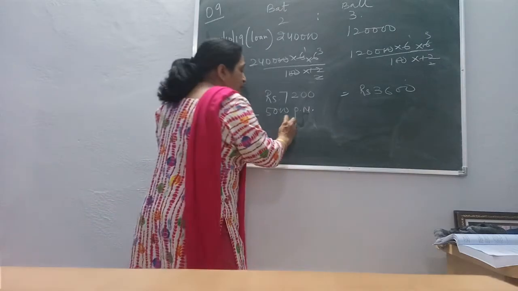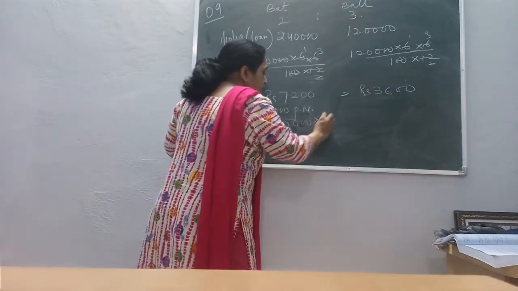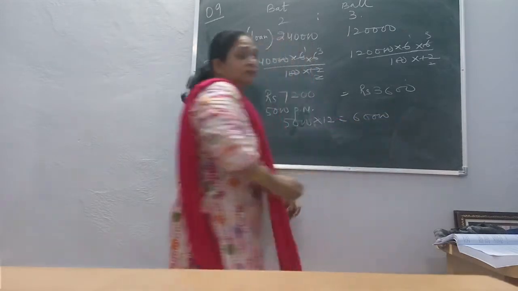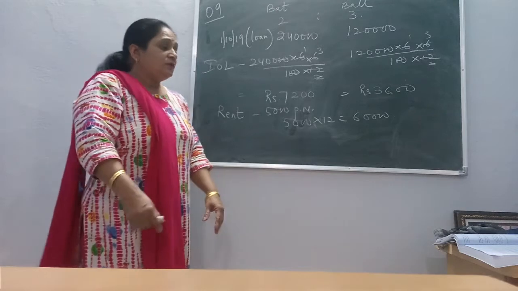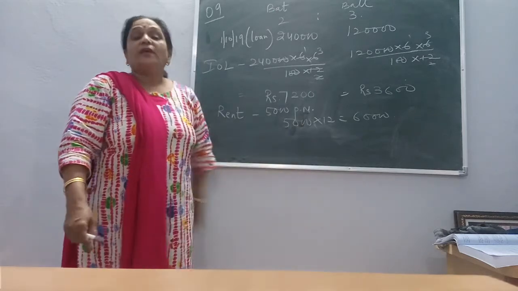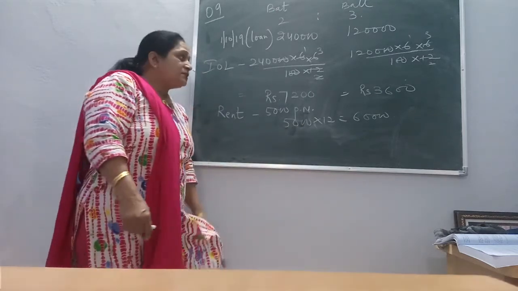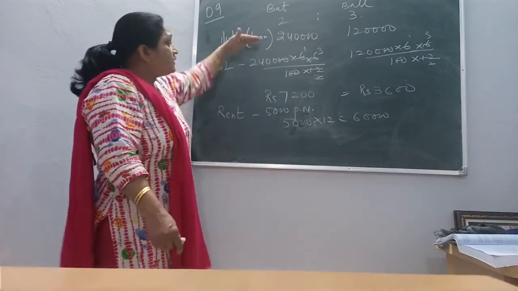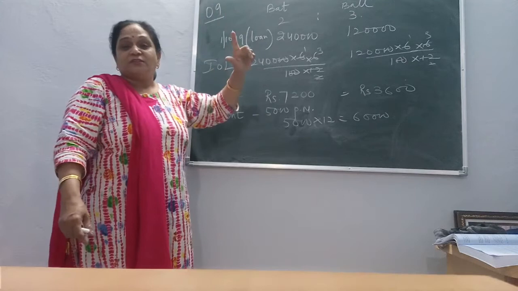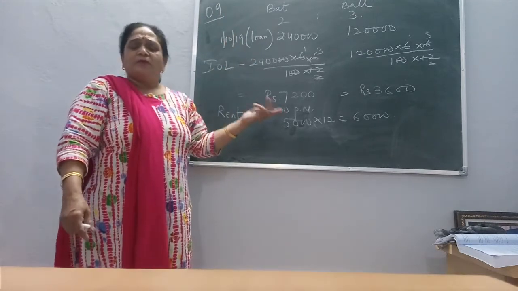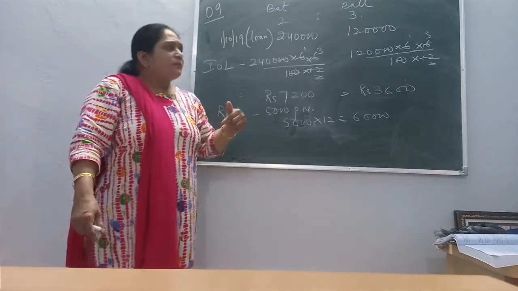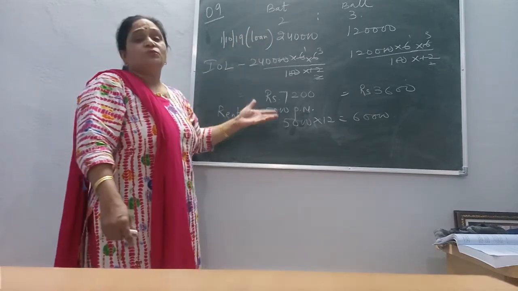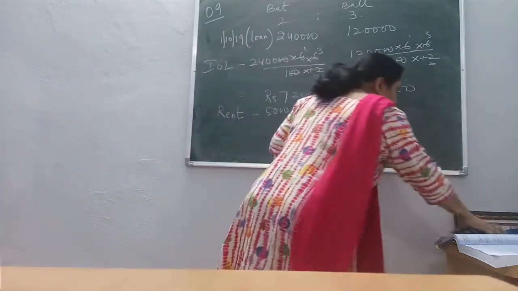So rent payable to the partner for use of property is 5,000 into 12, which is 60,000. Now the firm is having a loss of 9,000 before rent and interest on loan, and both these figures are a charge against the profits. So you have to give them, whether it is a loss or a profit. Interest on loan will also be provided and rent will also be provided, but both will be charged to P&L account.